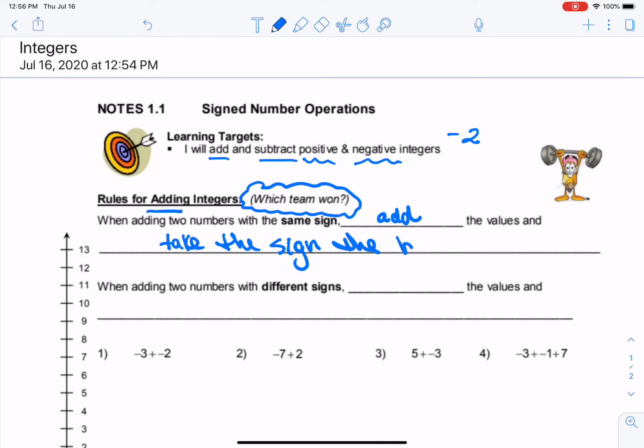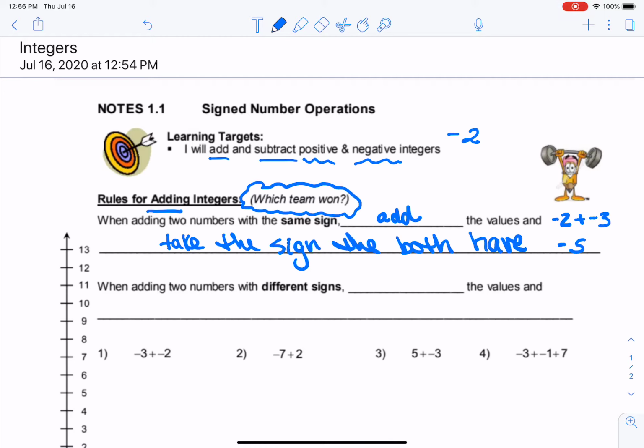So for example, if it's -2 plus -3, all I'm going to do is add 2 plus 3, which is 5. And since both of those are negative, my answer is going to be -5.